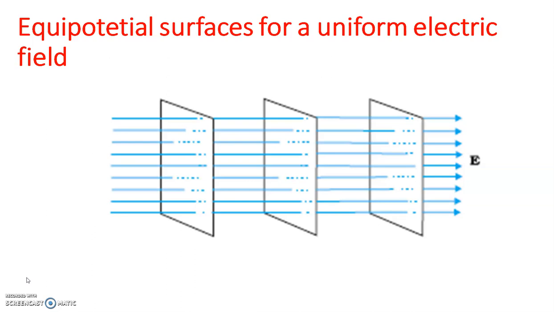Electric field is always normal to the equipotential surface. No work is done to move a charge from one point to another point on an equipotential surface. A stronger electric field is indicated how? By the separation between the equipotential surfaces being less, and vice versa. And last one, no two equipotential surfaces can intersect.